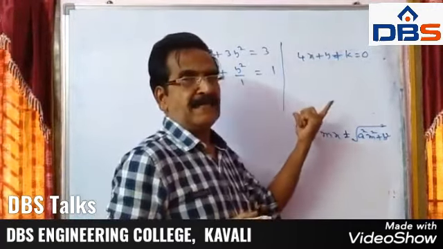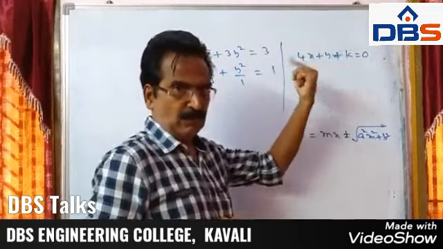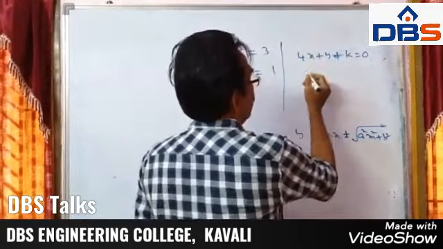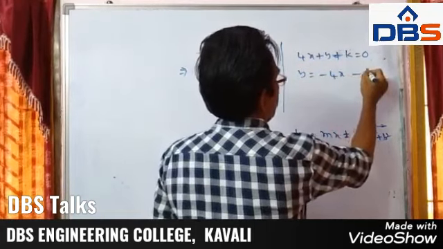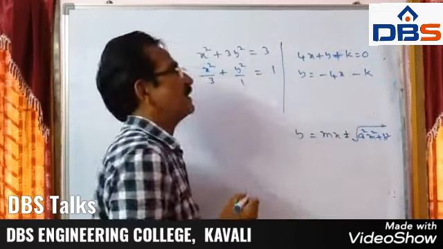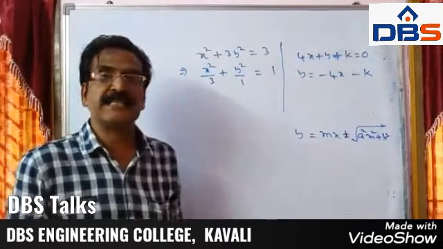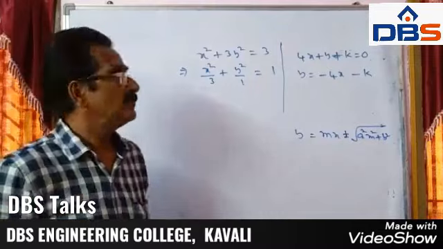Let us compare this with the given line, y = -4x - k.